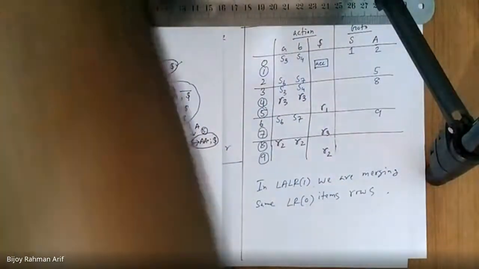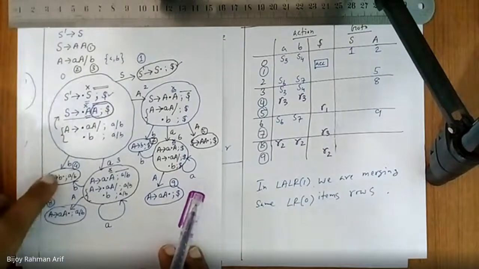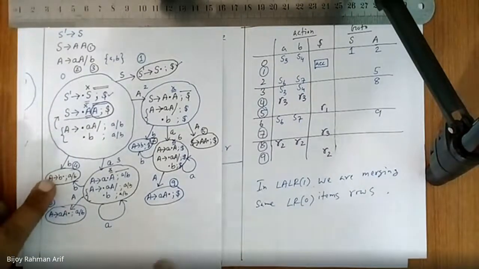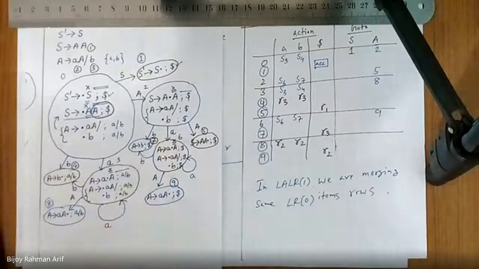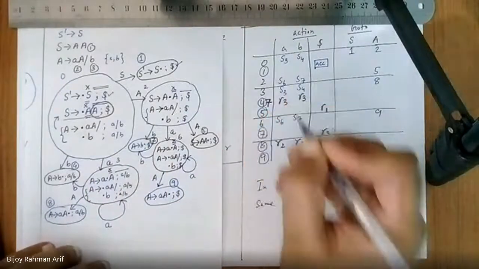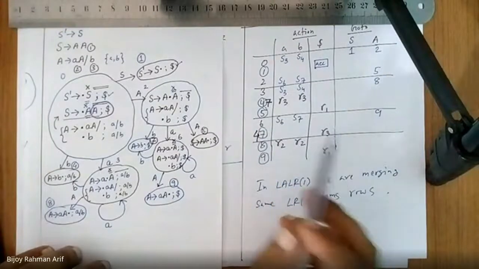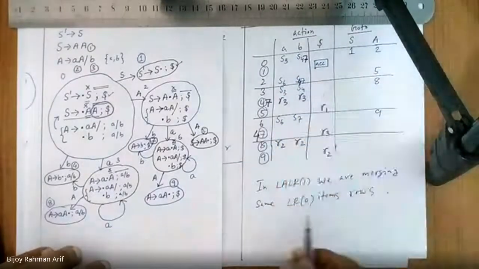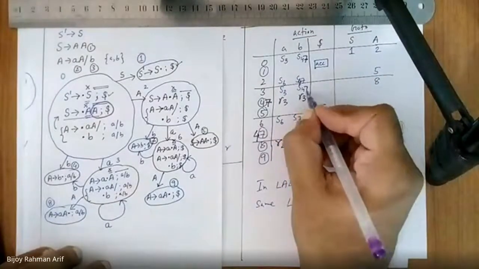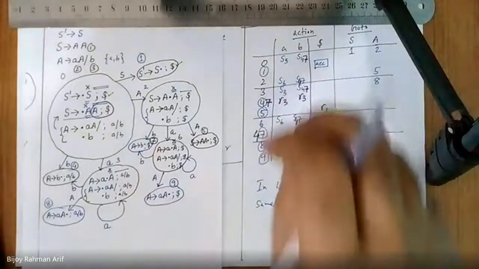Which one? 4 and 7. They are the same LR0 item, but different lookahead. We write 4 7, 4 7. Whenever I get 4, I'm going to write 7. Then merge these two.